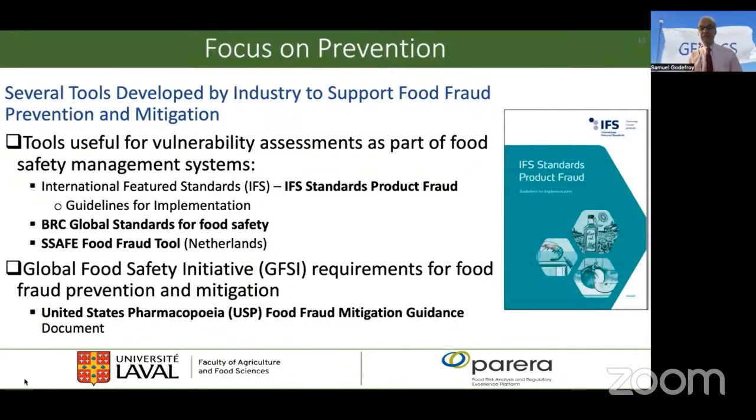These systems have developed a number of tools useful to assess vulnerability of the supply chain and to identify early markers for the potential introduction of food fraud in the supply chain, and therefore the development of mitigation tools that would prevent these incidents from happening, or that would help mitigate their impacts.